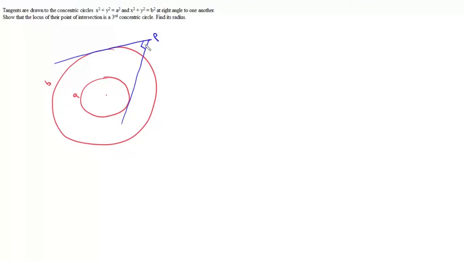So since this is a locus problem, we'll choose this point to be some (alpha, beta). Now this distance is a, this is b, and this is the origin (0, 0). Now this angle is also 90 degrees, and since it is a rectangle, this is a and this is b. Now this distance will be the square root of a squared plus b squared. So basically this OP is fixed and it is the square root of a squared plus b squared.